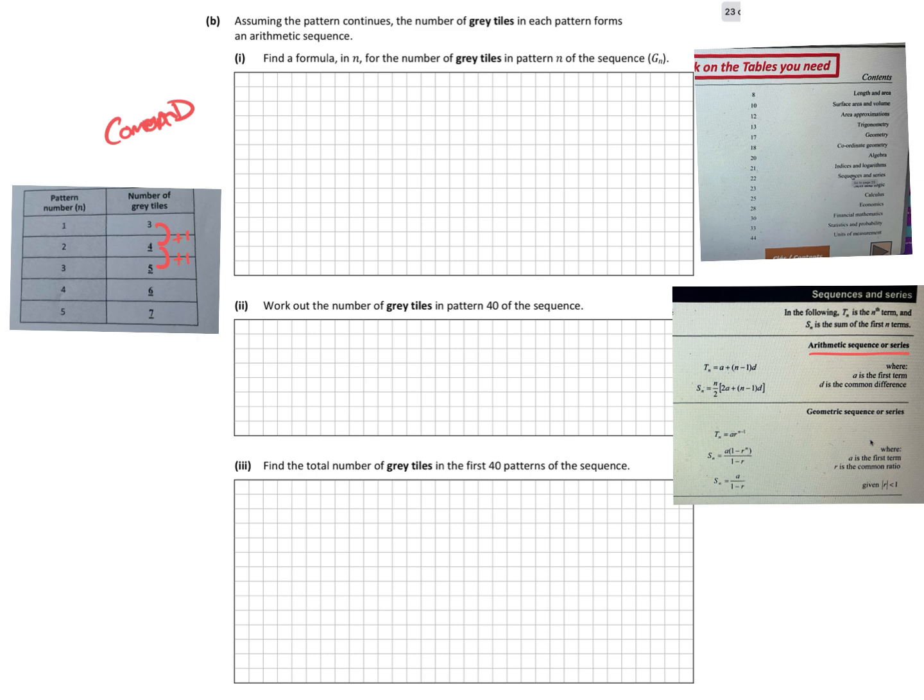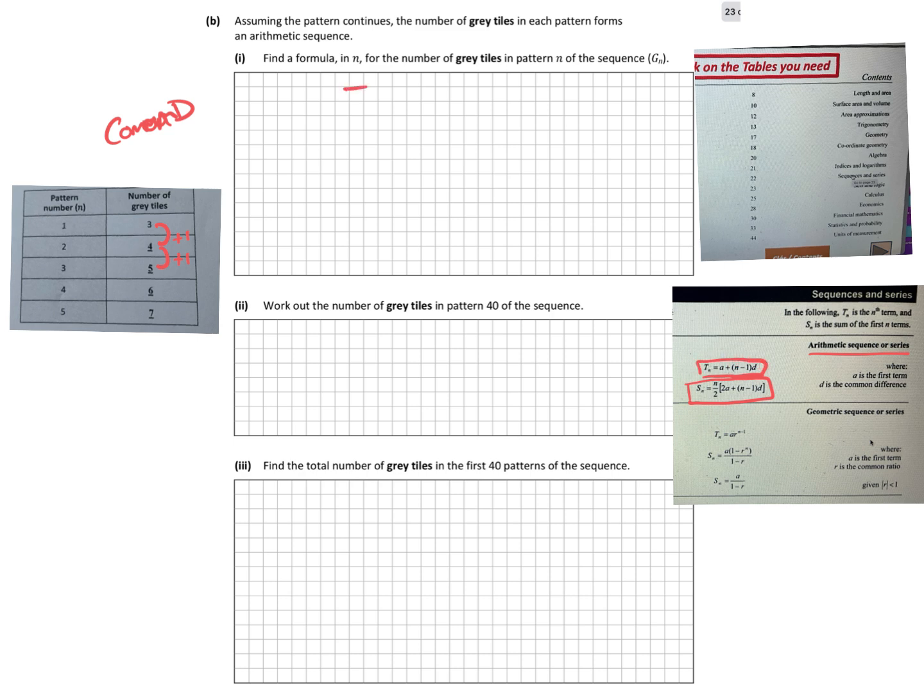So find a formula for grey tiles in the sequence, okay? To find a formula, this is my formula that I'm going to use, t to the n. Remember, s to the n is if I want to find the total. So if I want to add up all of these numbers here, I'd be using this formula here for the sum. This is just the t to the n, my rule.